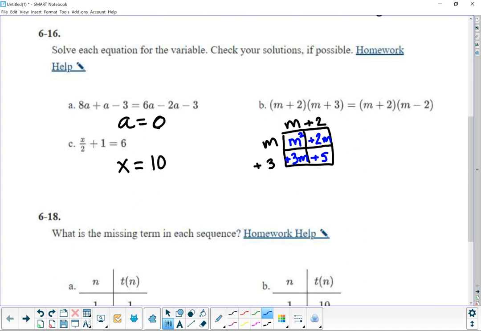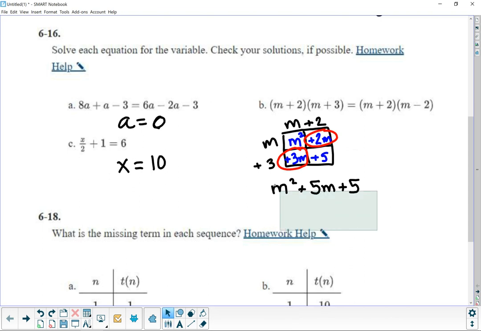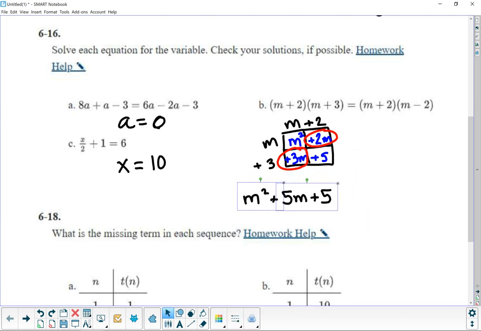So m plus 2 times m plus 3 makes m squared, plus positive 3m and positive 2m makes positive 5m, and then we also have that positive 6. Okay, so all of that turns into this right here. I'm going to move it over just a little bit.